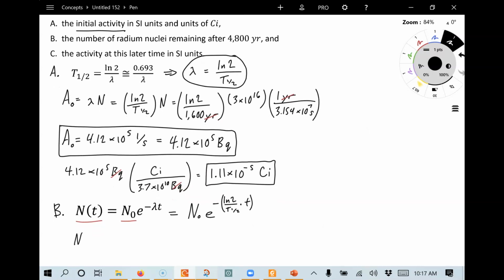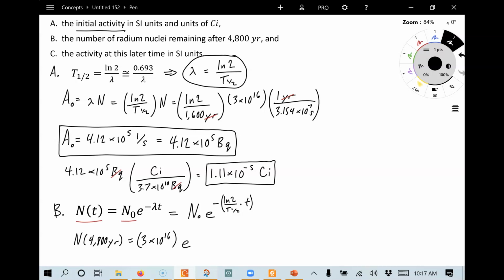So to go ahead and put in our data, N of t, where t is equal to 4,800 years. We start with N0, 3 times 10 to the 16th nuclei remaining initially.